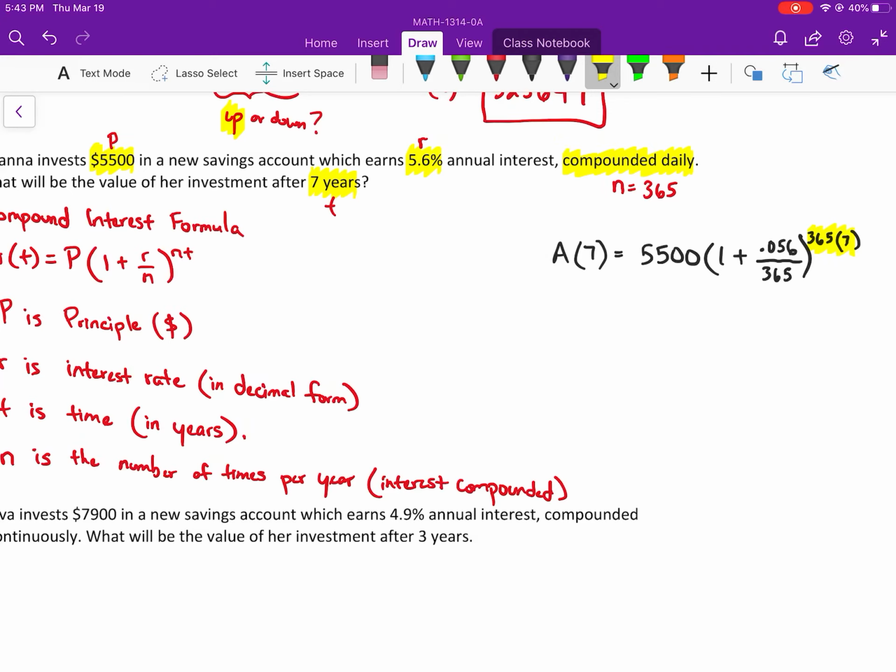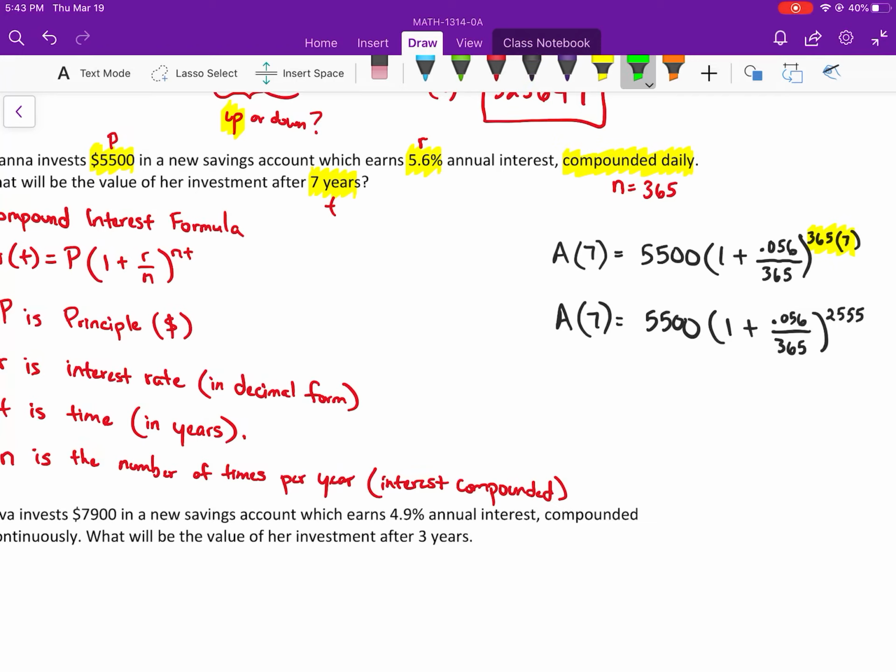Okay, so first off, I'm going to do that 365 times 7. So 365 times 7. 2,555. Alright, so the amount after 7 years equals 5,500 times 1 plus 0.056 over 365 taken to the 2,555th power.